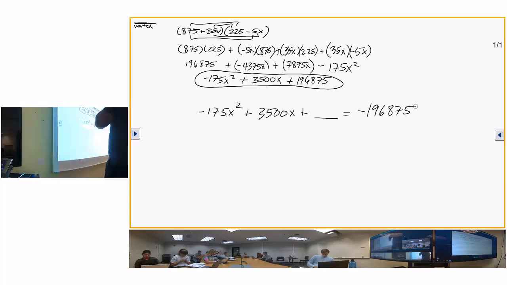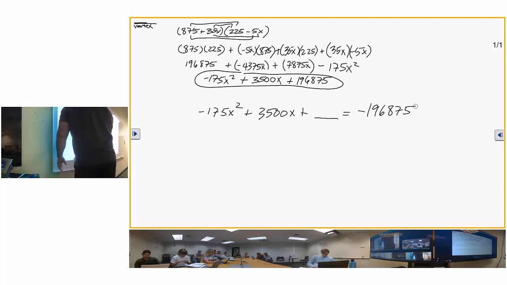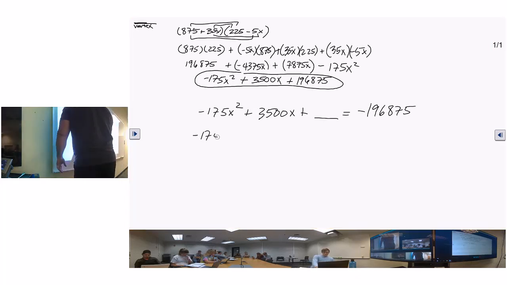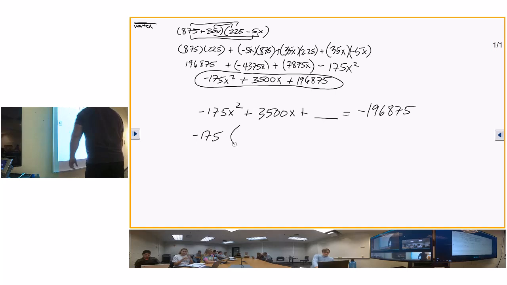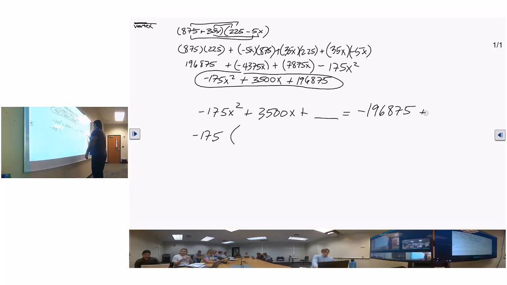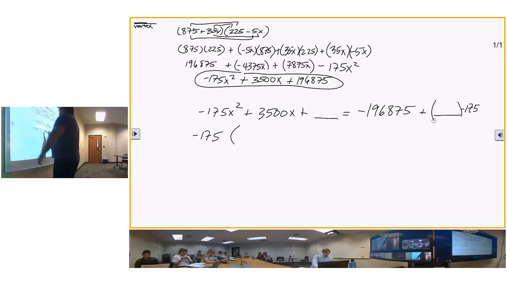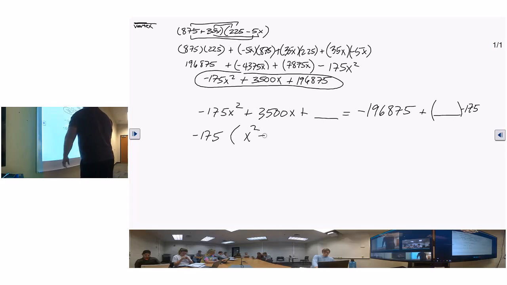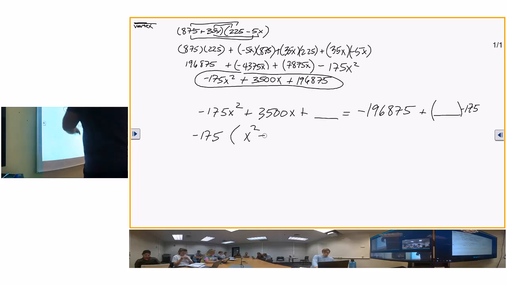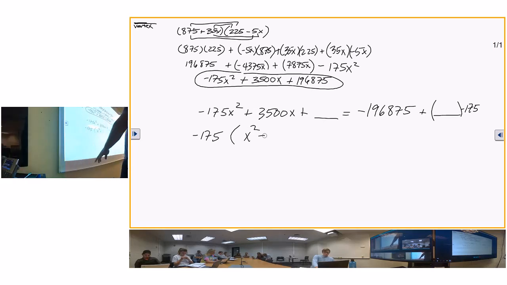Now I want you to use your calculator here. We're going to divide by -175 and multiply by -175 here. And that's going to be x squared minus, somebody take 3,500 divided by 175. What do you get? -20.